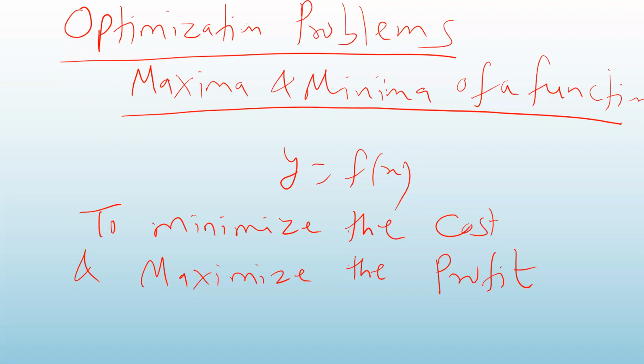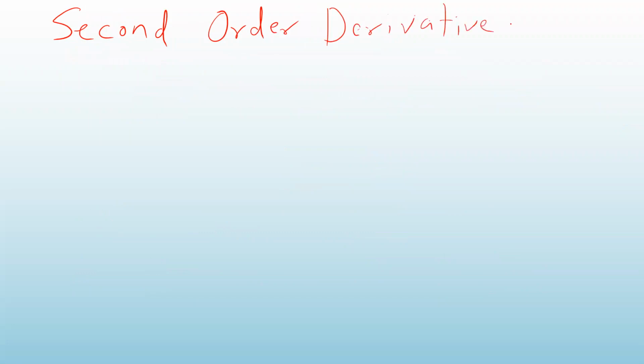So let us see the concept of second order derivative of a function y, which is a function of x. So y is f of x.